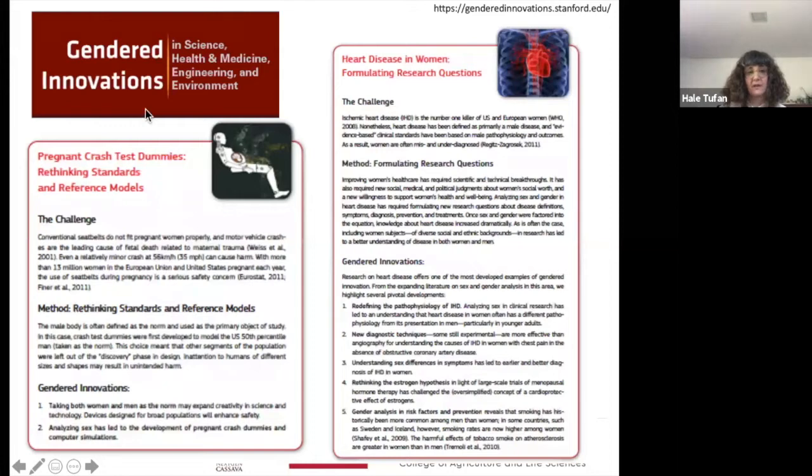This is a great website called Gendered Innovations, where she looks at case studies around sex and gender analysis, mostly in health and medicine and engineering. The left-hand side is a case study that she's developed around crash test dummies. Crash test dummies are usually, or always, modeled on the male body. What that means is all of the crash testing that's done and all of the safety measures that are taken are based on the male body.